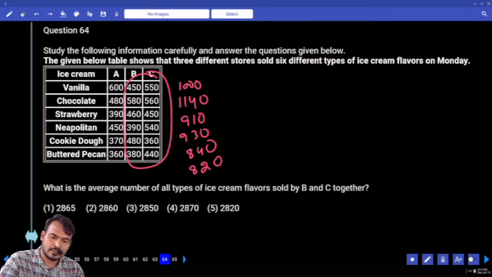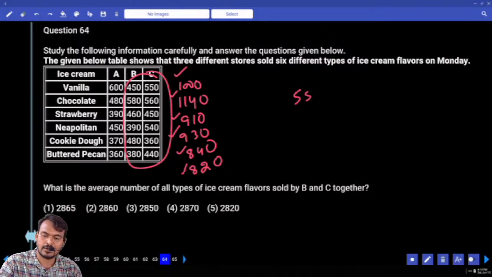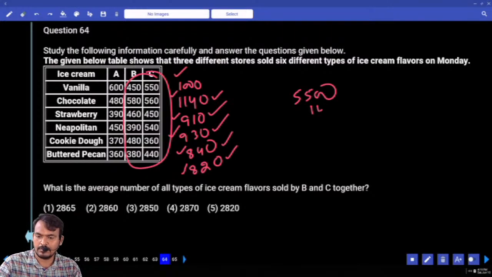Then 1000 plus 1100, 21 plus 9, 30, 39, 47, 55, 5500. Next 40 plus 10, 50, 50 plus 30, 80 plus 20, 100 plus 40, 140. Total it is 5640.